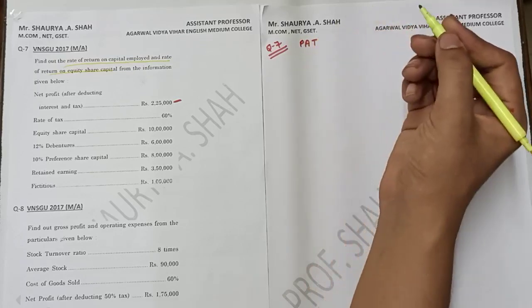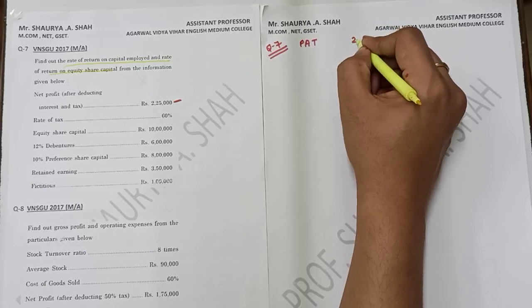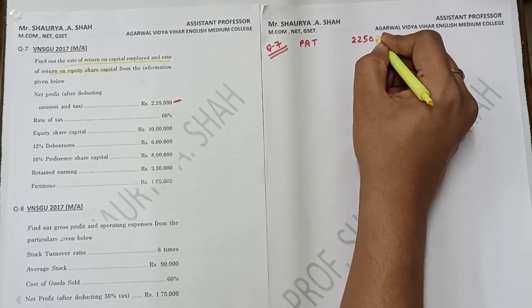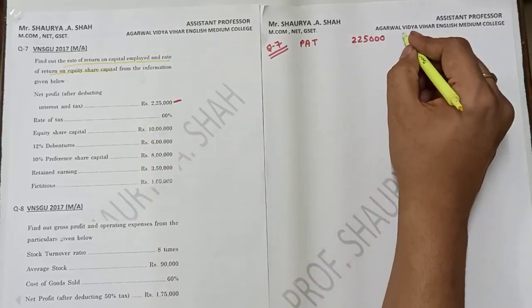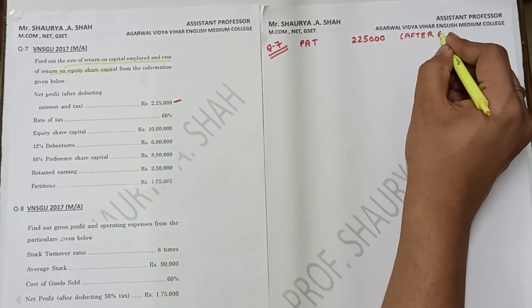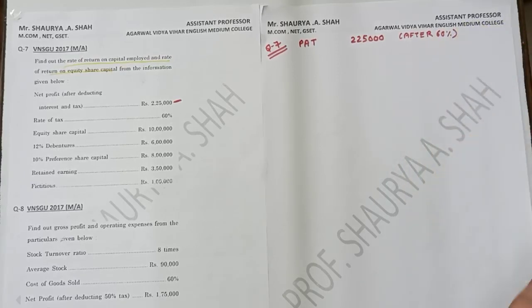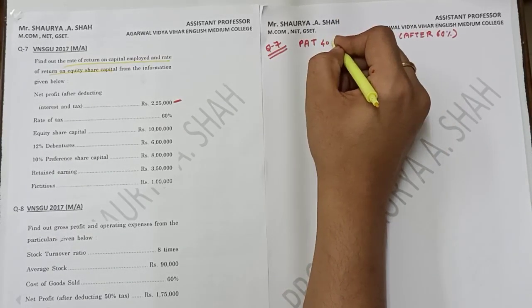So profit after tax is given to me in the question, that is rupees 2,25,000. This is after your 60% tax rate. So can I say, if it is 60%, right, this is the remaining 40%.